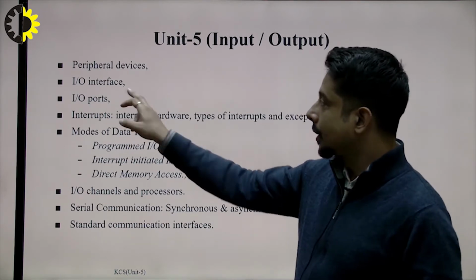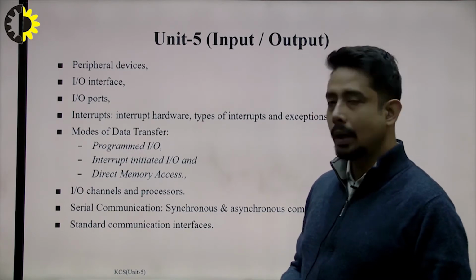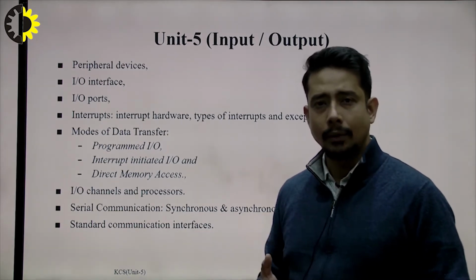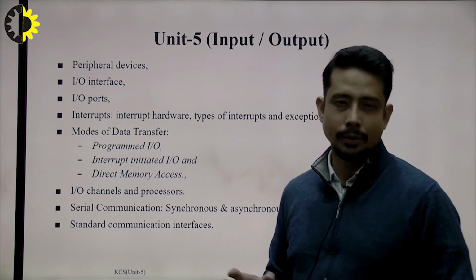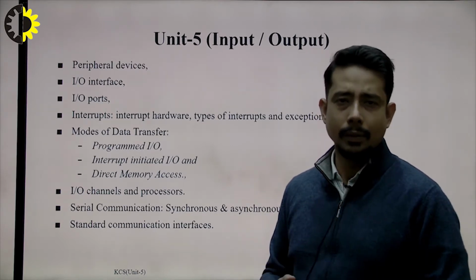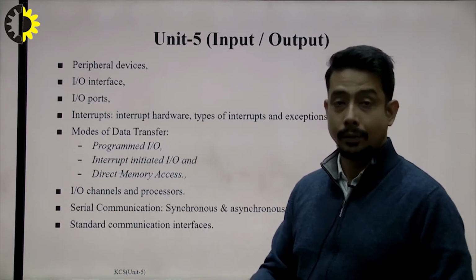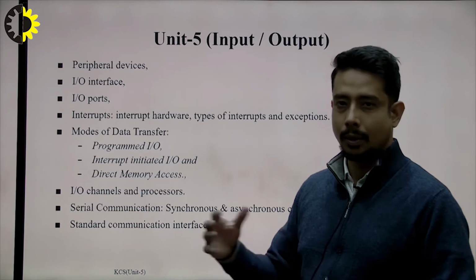Then we will be discussing the input output interface. In the first unit you came across the functional units of a computer, so the same structure we will be discussing here, but focusing on the input and output interface only, not on other parts.